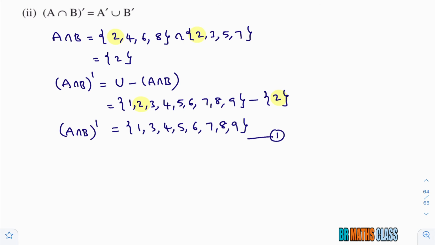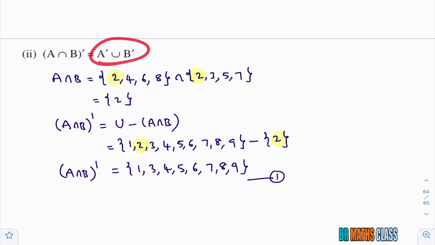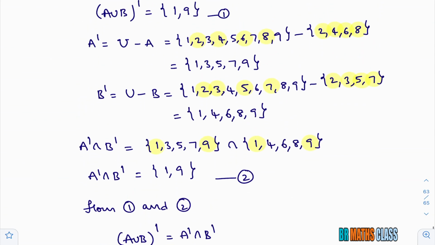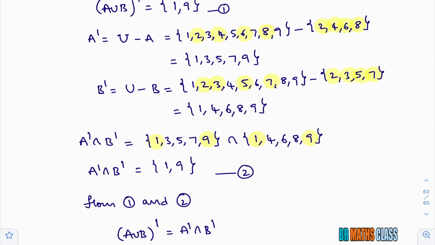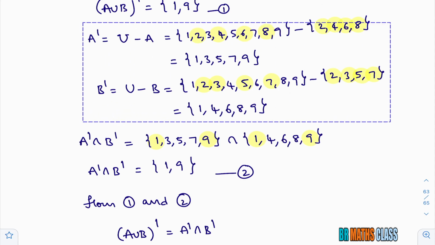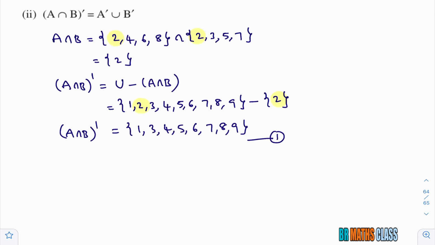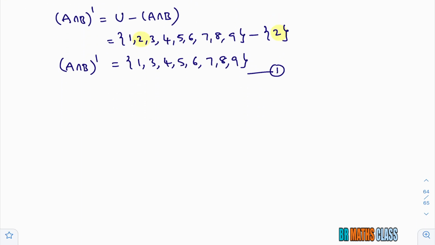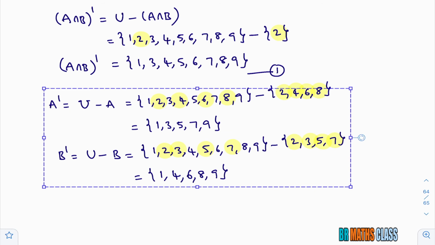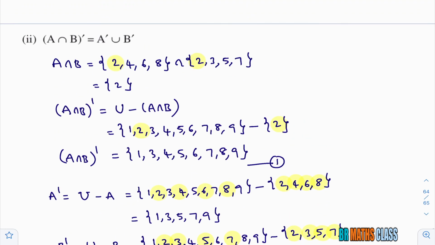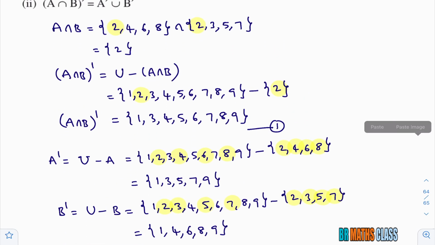Now I'll calculate this RHS. I already calculated A dash in the previous bit, right? A dash and B dash are both needed. Okay, I'll copy those. Now what do I need here? A dash union B dash.